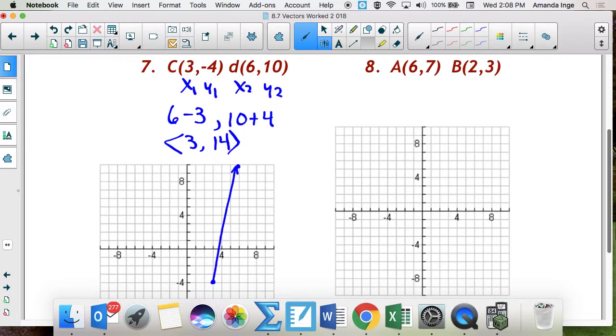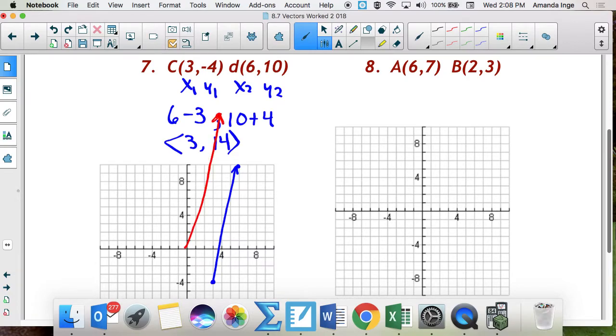Okay. Alright, so what happens is when it gets put in component form, it moves it so the initial point is at the origin, and the ending point is at 3 and 14. So we would be over 3 and up to 14, which is about there. So we'd have something that looked like that.